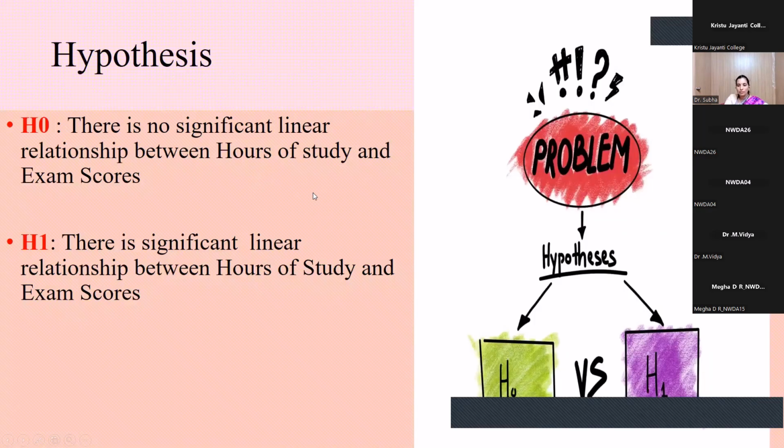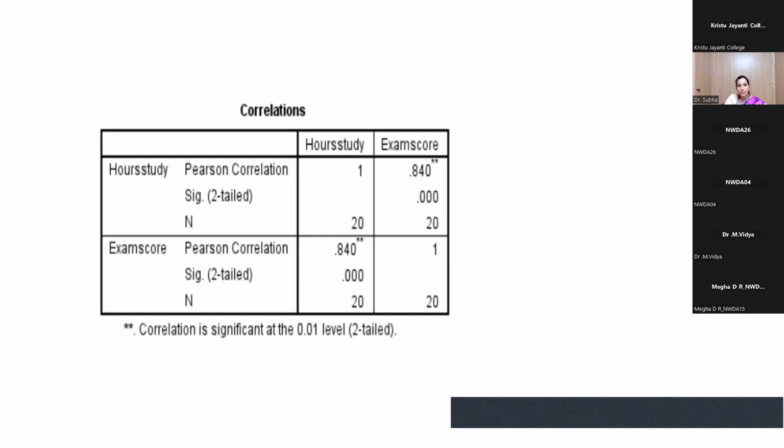Okay, this is the hypothesis which we have framed, and through our SPSS analysis, we are going to find whether we have to accept the null hypothesis or reject the null hypothesis. So the correlation coefficient value, R value, is 0.840, where we can infer that there is a strong relationship between the two variables.